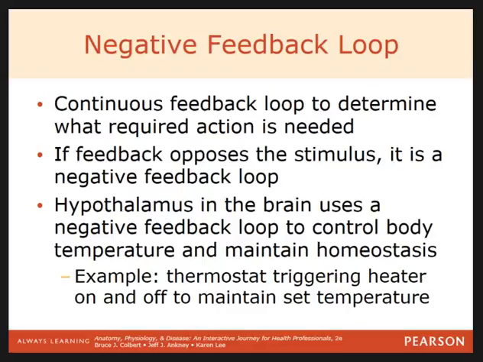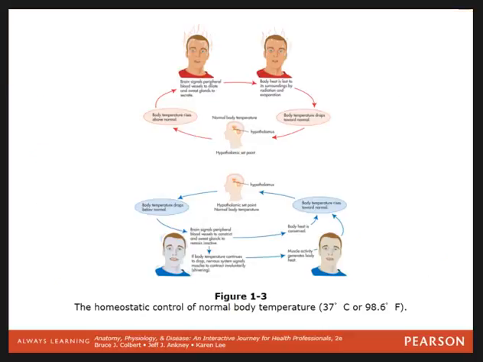So if our body gets too hot, it sends messages to the rest of our body to help it cool down. If our body is too cold, it sends messages to our body to conserve heat. So this nice illustration in the book kind of talks and takes us through what that means. So at the top with the hypothalamus, we're sweating.